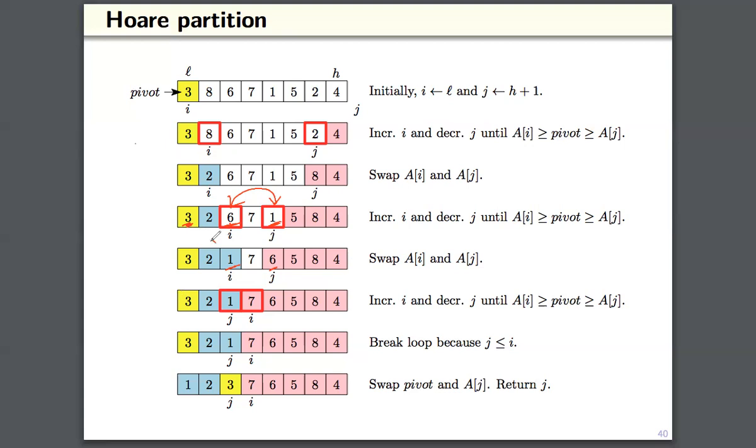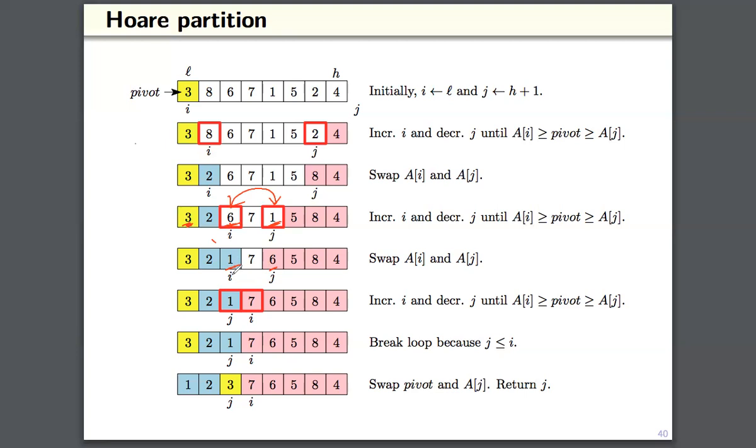You see that the blue subarray is increasing in size and this red subarray is increasing in size from the right end, right? And when is the stopping point? When you have scanned all the cells, right?